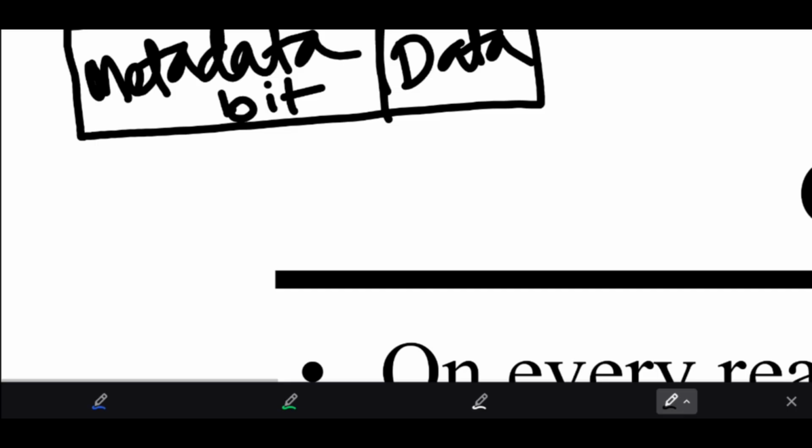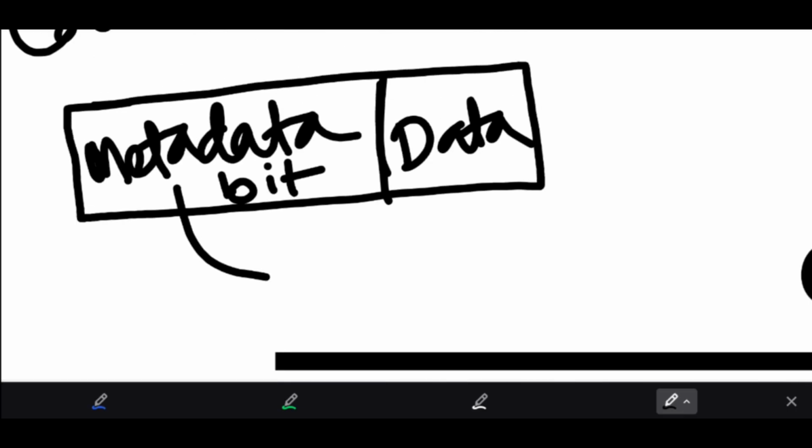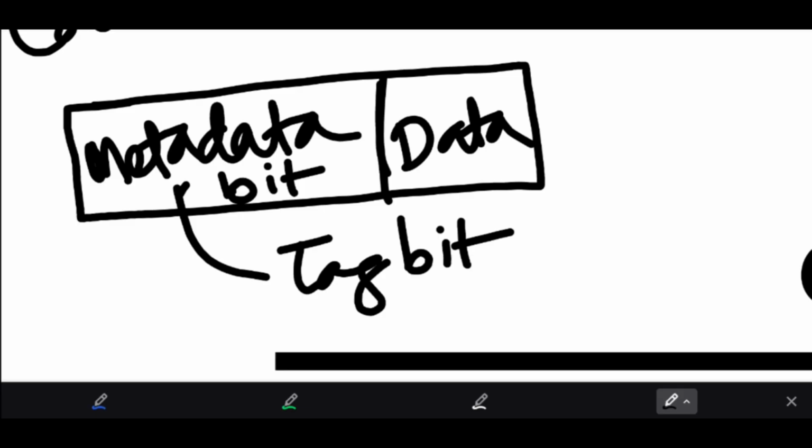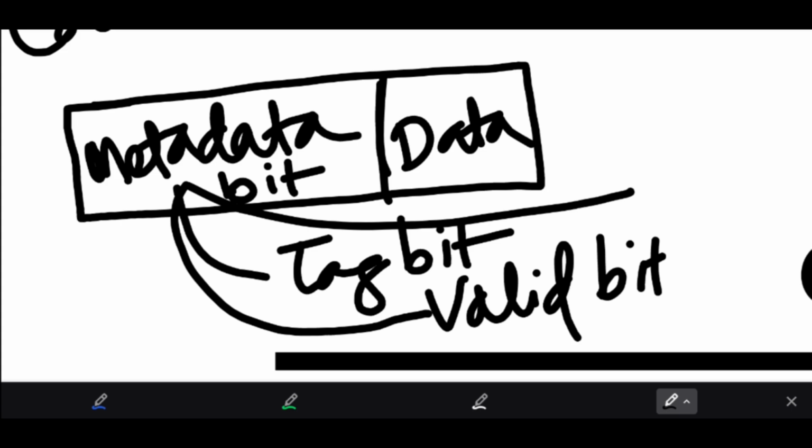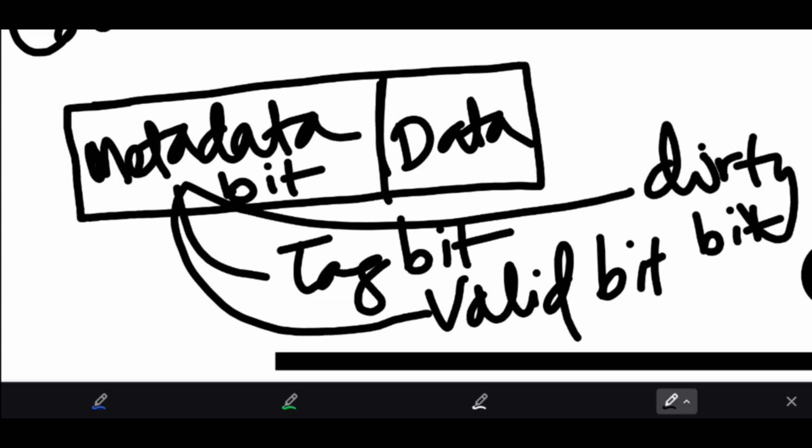In the metadata bit, we also consider our tag bit, then another is our valid bit, then another one is our dirty bit. All these extra bits are called our metadata bits.